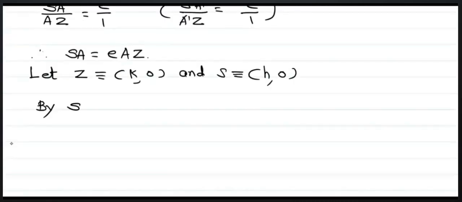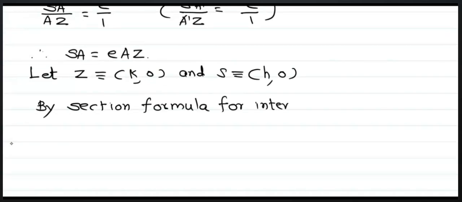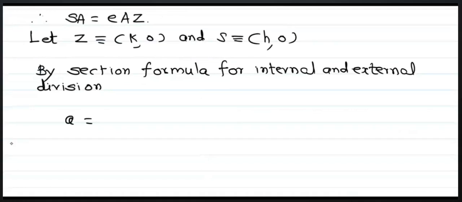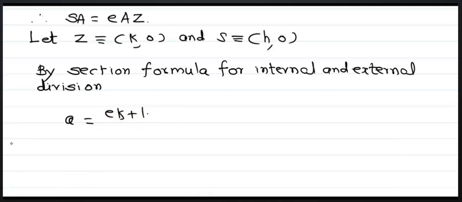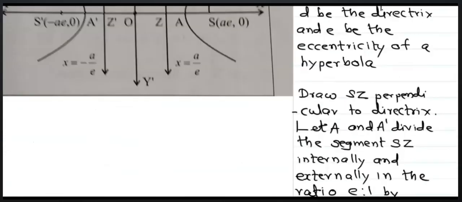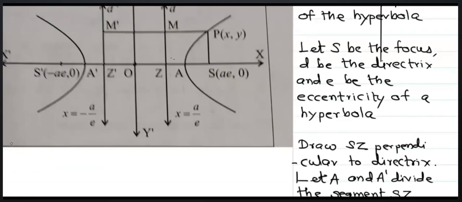By the section formula for the internal division and the external division, A equals (ek plus h into 1) upon (e plus 1).